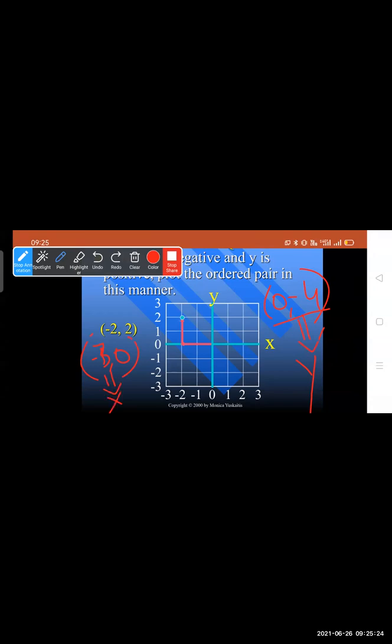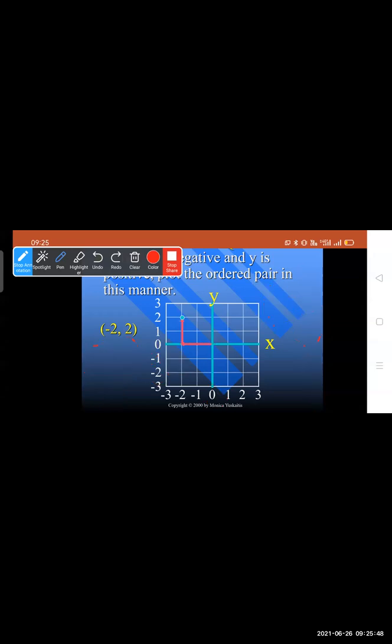But here -4, so we move downward. -1, -2, -3, here we draw one line, -4. So here is the point (0, -4). Clear? And here is (-3, 0). So we move here -1, -2, -3. So this point is (-3, 0).